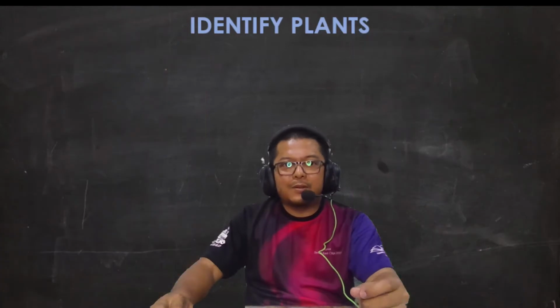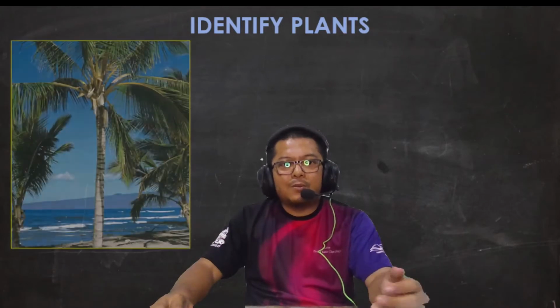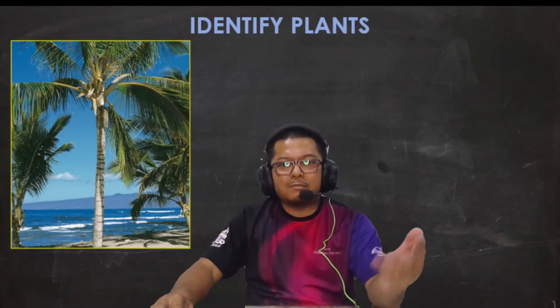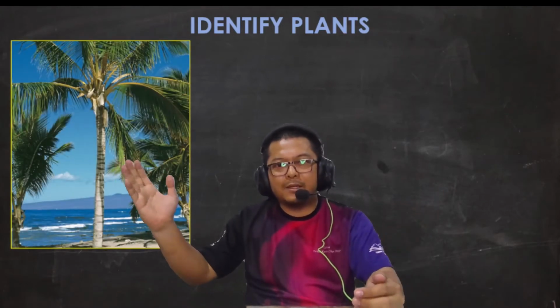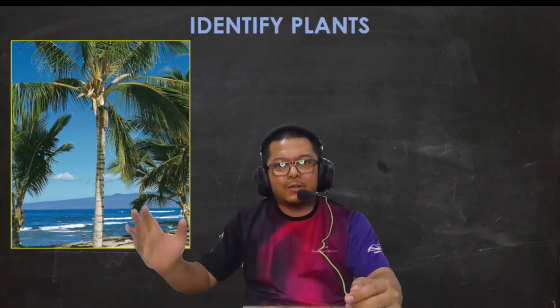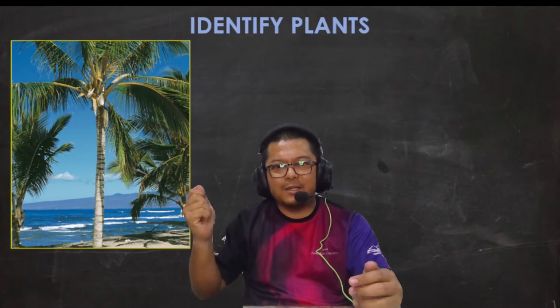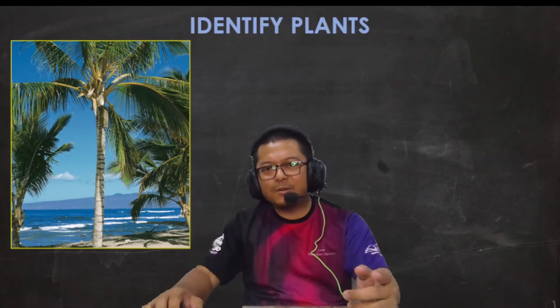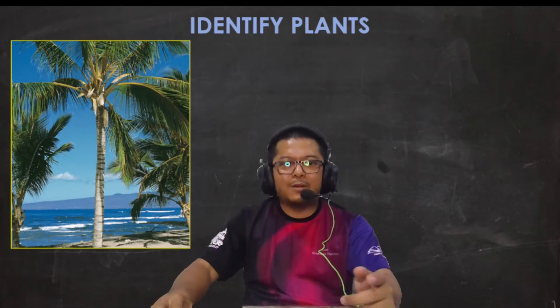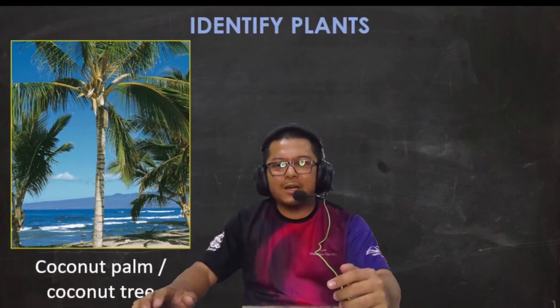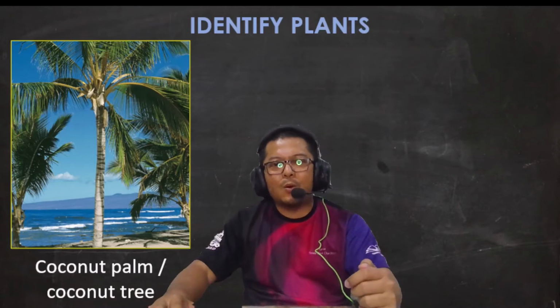So we start with this plant on my hand, this side. Actually, this is the right side in the video. Now this is my right hand, but I think in the video it looks like the left hand, but it's okay. This plant is known as a coconut palm or coconut tree.